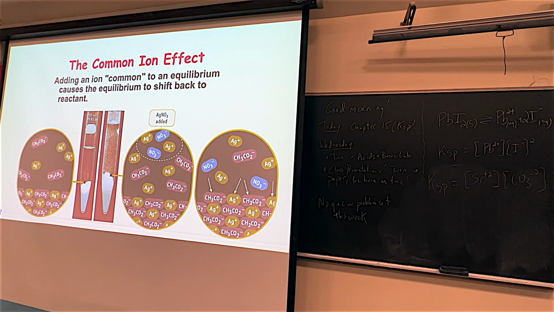So we added silver, an ion common to the reaction that was there initially, and the counter ion, in this case acetate ion running around in solution, has gone down. But in the process, we end up adding more nitrate, and we'll talk about that in a little bit. So in this example, pretend, which is not true, acetate is really dangerous.